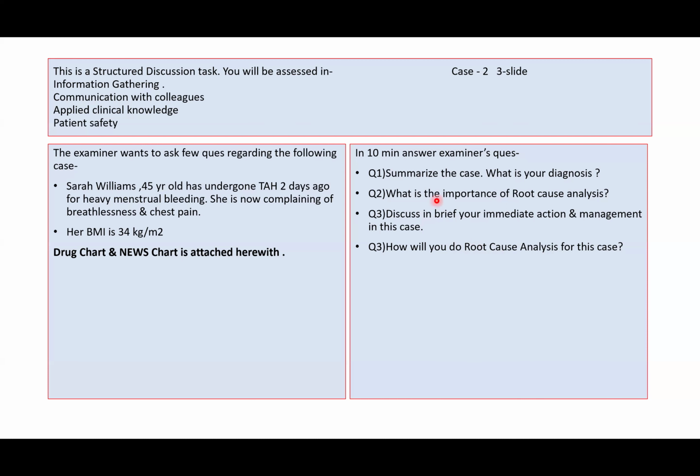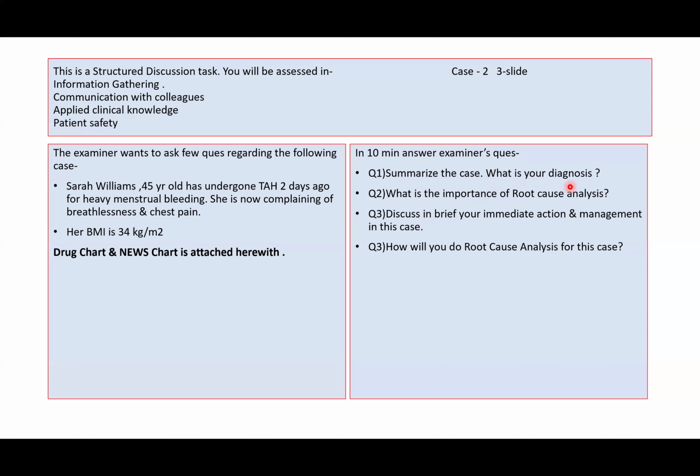So let's discuss summarization of the case and what your diagnosis is. When you discuss the diagnosis, just complete it. You will summarize the case according to the observations given and the drug chart given, so the most likely diagnosis is pulmonary embolism.